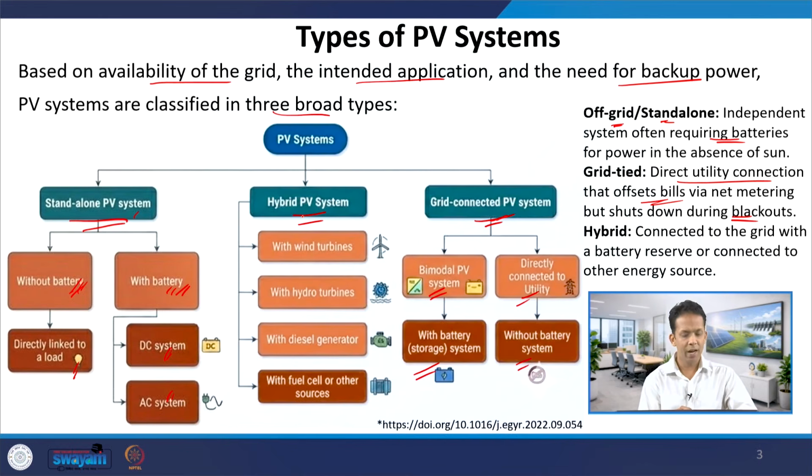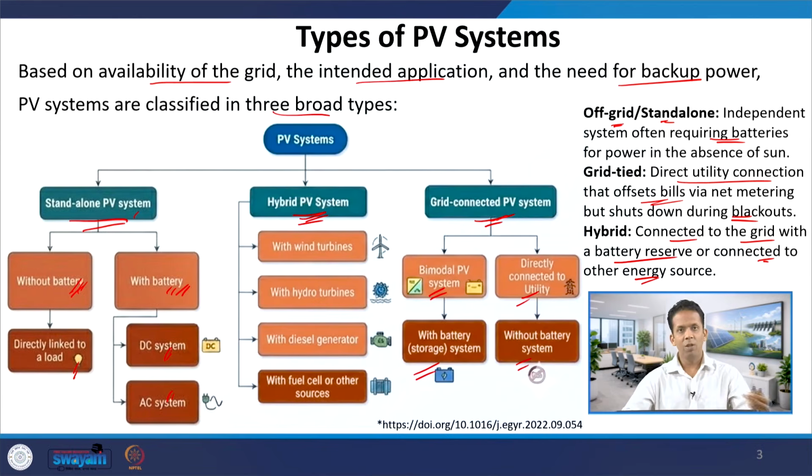Third one is hybrid PV system. There are two ways to look at how hybrid PV systems are defined. If you look at it from the perspective of grid, these are the ones which are connected to the grid with a battery reserve or connected to another energy source.